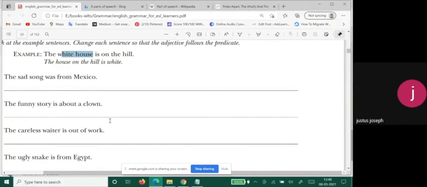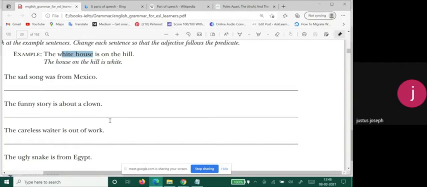Do you think it is also acting as an adjective? The out of work waiter describes the waiter, right? How did you understand which waiter? When I said out of work waiter, you understood. So it describes the waiter. So this can also be called an adjective, right?